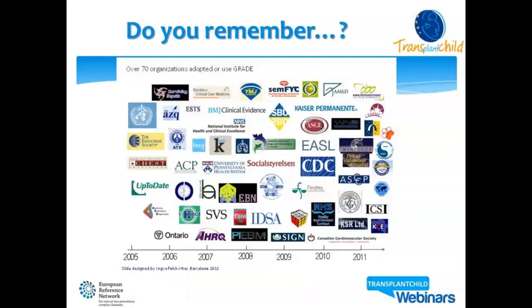If you had the chance to have a look at previous webinars in the clinical practice guidelines group, you probably remember this slide where I showed the number of organizations working with GRADE and doing systematic reviews and later on clinical practice guidelines.